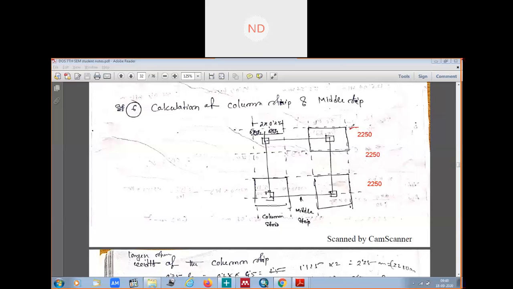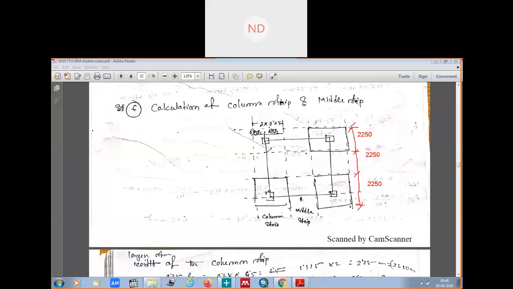So this distance, this is your middle strip, this is your column strip.